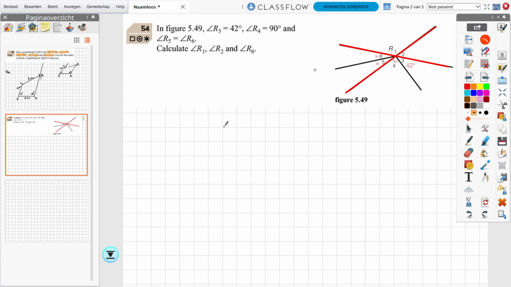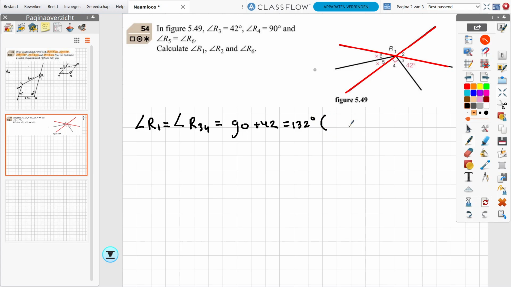You know that angle R1 is equal to angle R3 plus 4, so angle R3 4, which means it is the same as 90 plus 42. It's going to be 132 degrees.